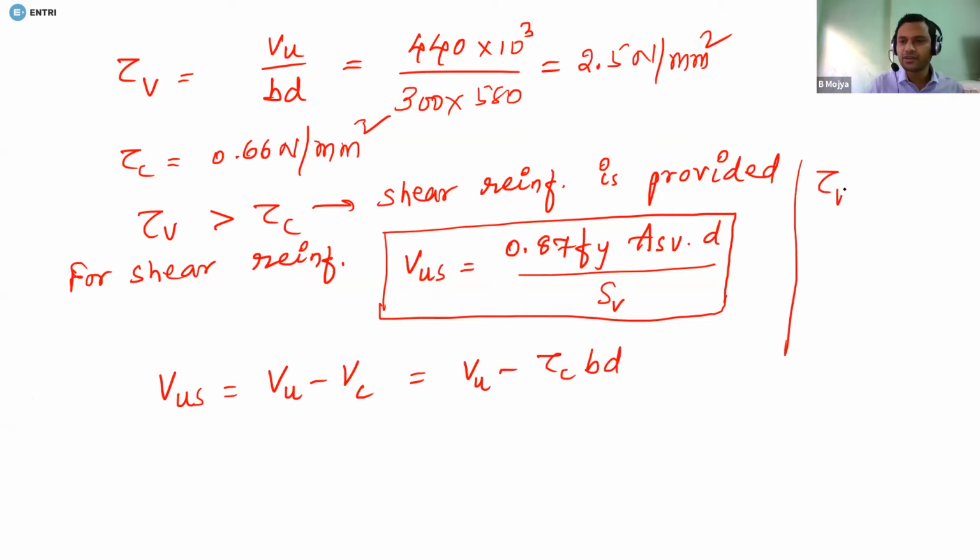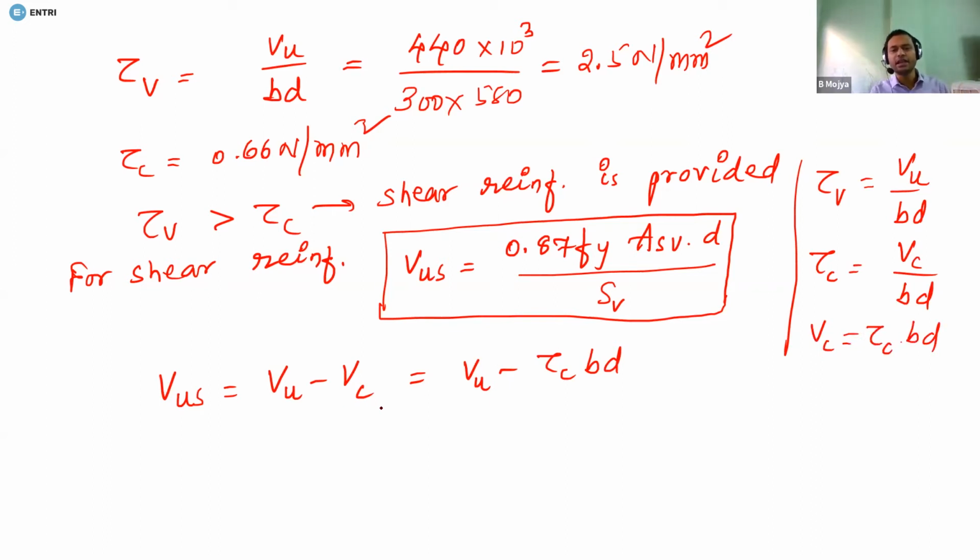As we know, tau v is equal to VU by BD. In the same way, we can write tau c is equal to VC divided by BD, isn't it? If you cross multiply, then VC is equal to tau c into BD, right? That is the reason I changed VC in terms of tau c and BD.